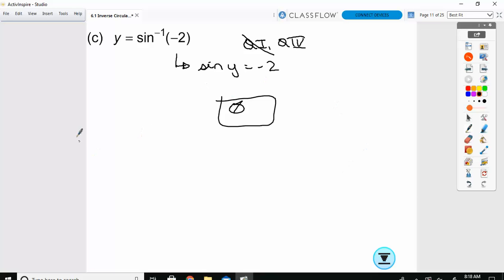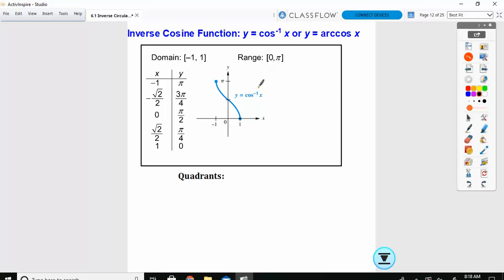Okay, let's talk about cosine. So if we think about the cosine graph, if you just went from 0 to pi, that's quadrant 1 and 2. Quadrant 1 is where it's positive and cosine is negative in quadrant 2. So that would work for my inverse. So inverse cosine, I put all this stuff on here.